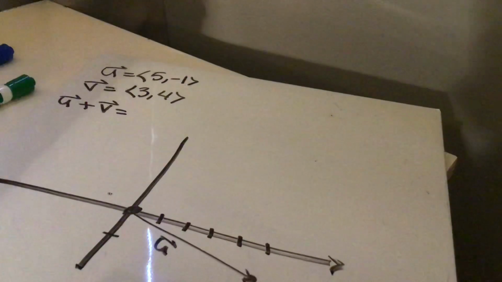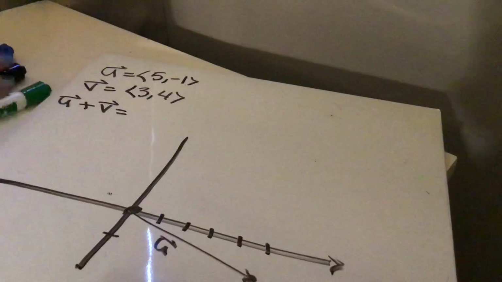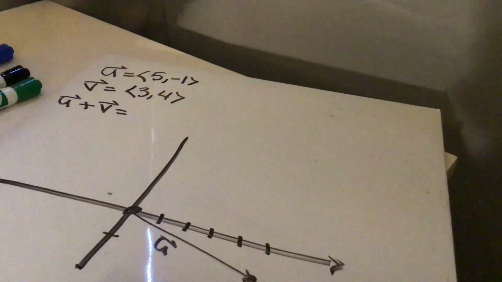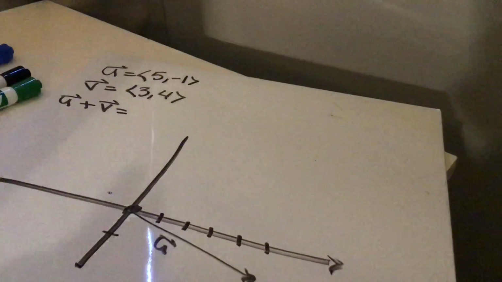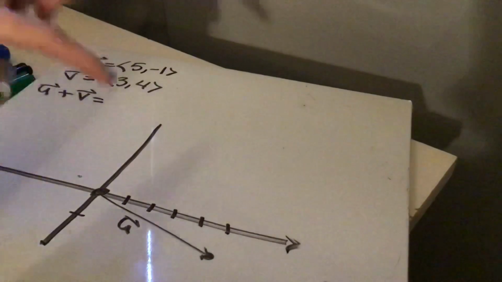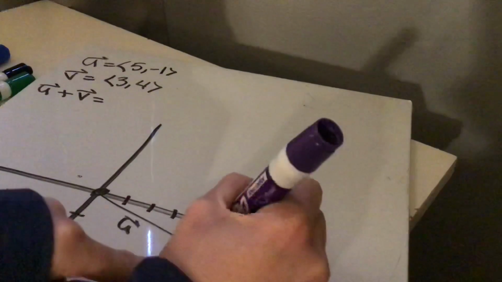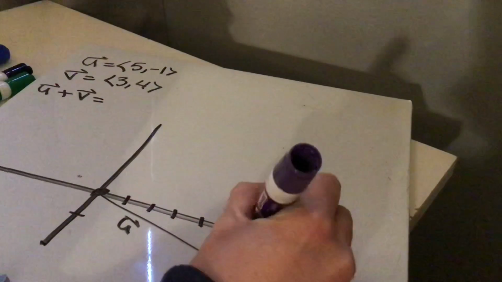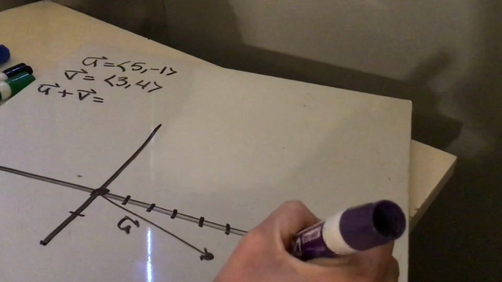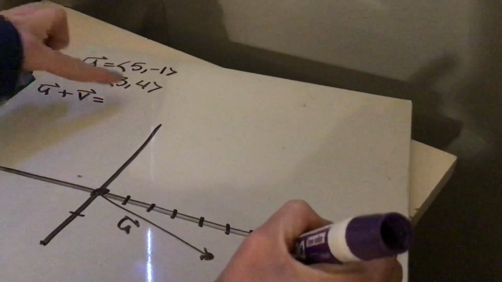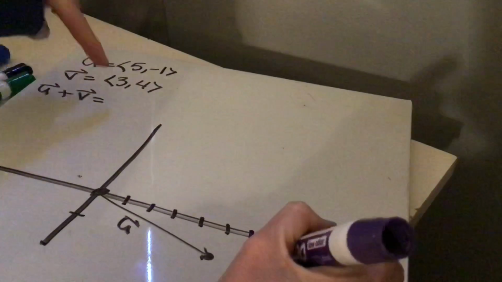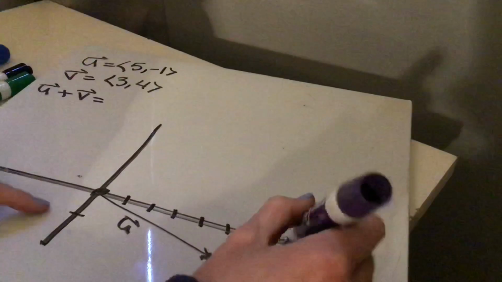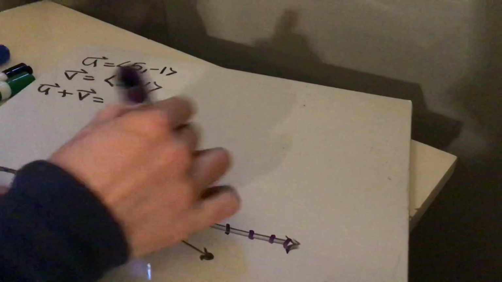Okay? Then I go along and add vector V. I'm going to start vector V where vector U ended. So here, okay? 3 in the x, so I go over 3. And then 4 in the y, so I'm going to go up 4: 1, 2, 3, 4.